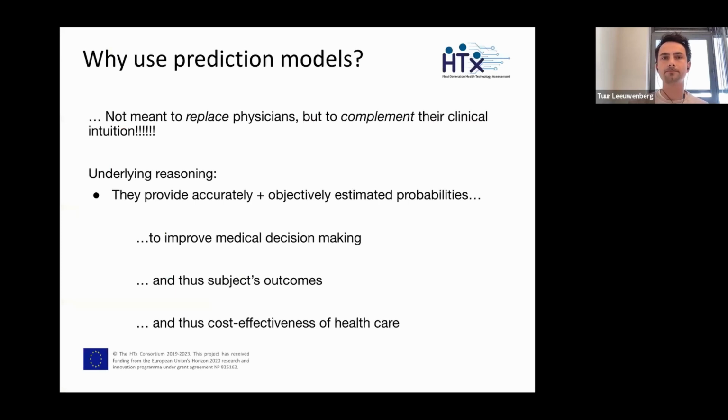The reasoning is that if you can make better, more informed decisions that are more objectively estimated, this improves the overall medical decision making process, and that helps the patient care, and in the end the patient.